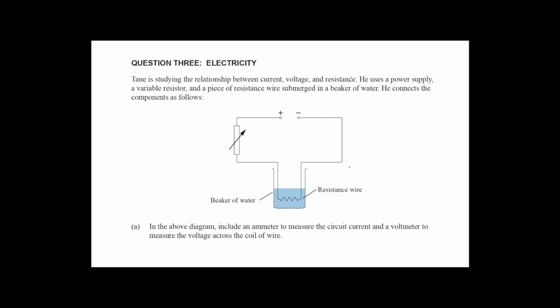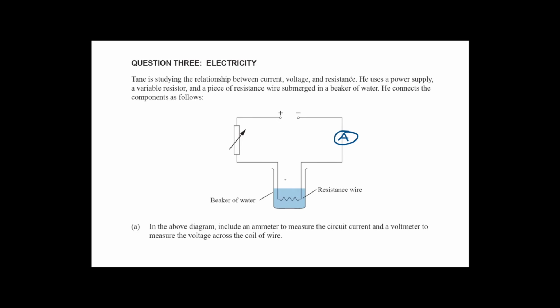So for the ammeter, we're going to put it actually in the circuit itself, in a nice clear place. The current that goes through it is the same as the current that comes out. So it's going to be in the circuit. The voltmeter is going to be across this resistance wire.